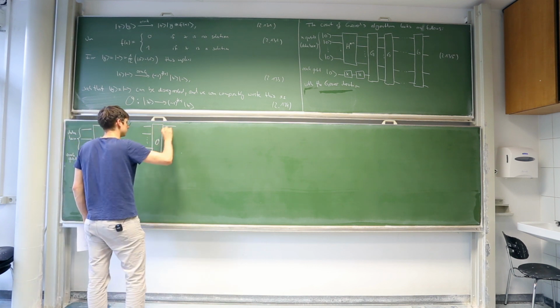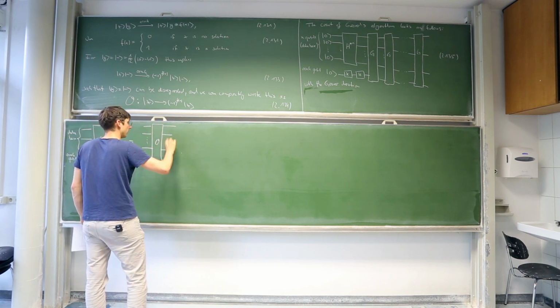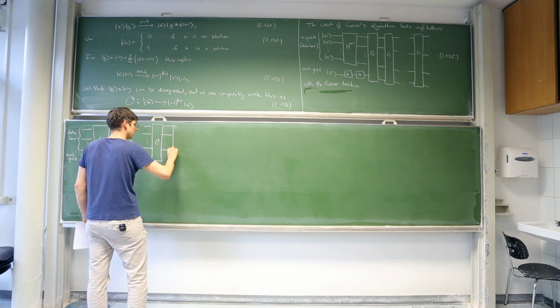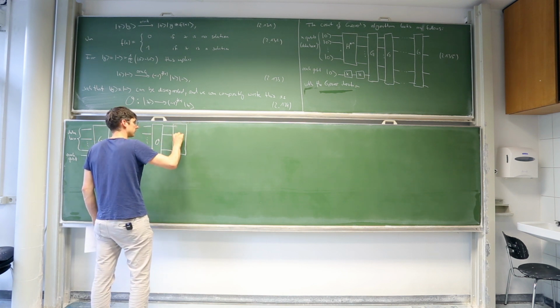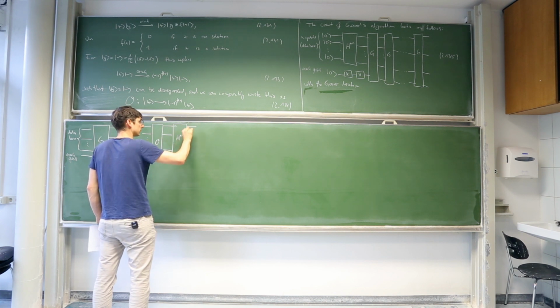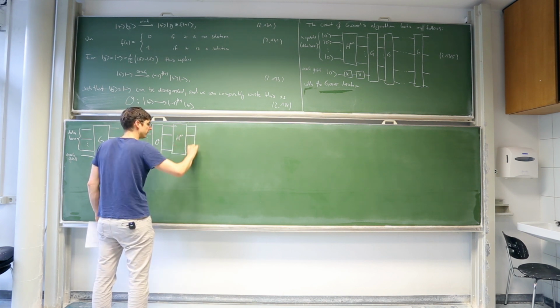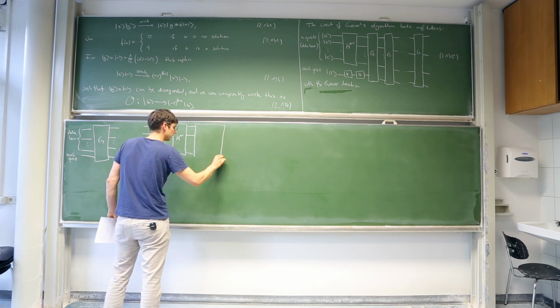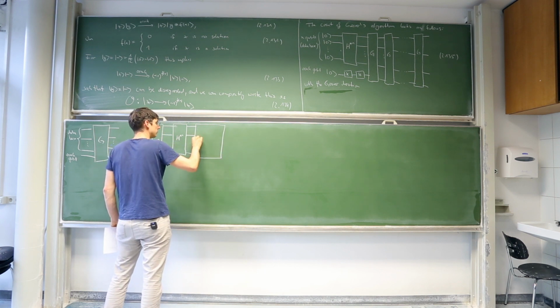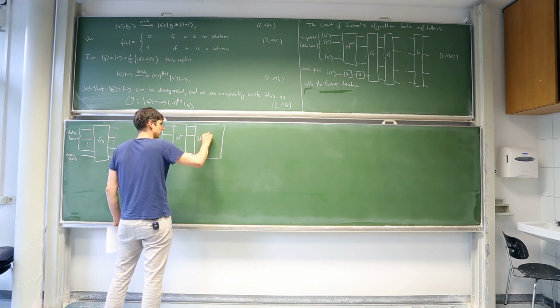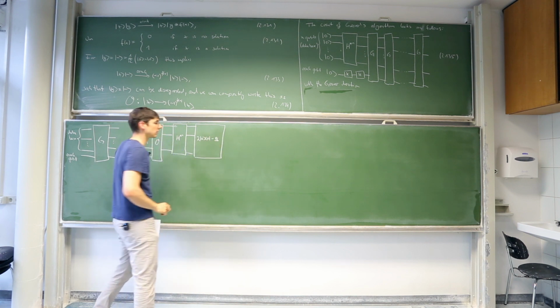And then we Hadamard those qubits from the database. Then we perform the following operation, namely 2 times the projector on 0 minus identity.